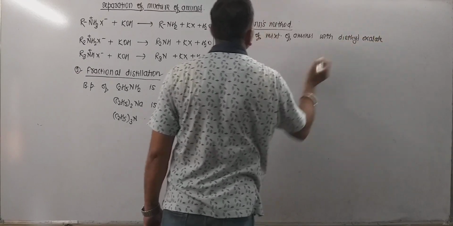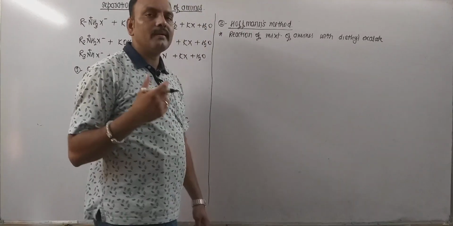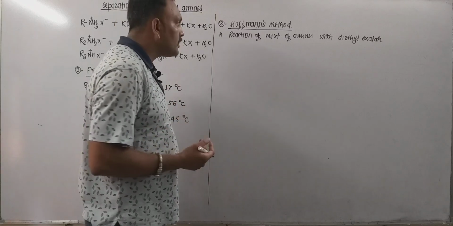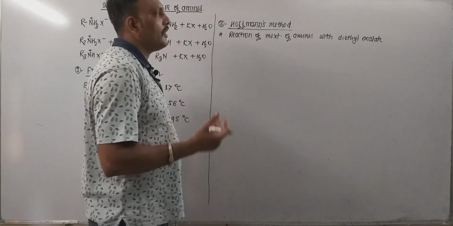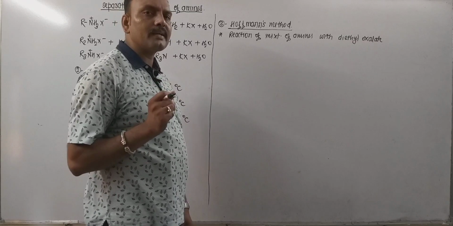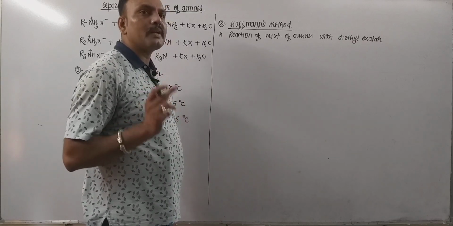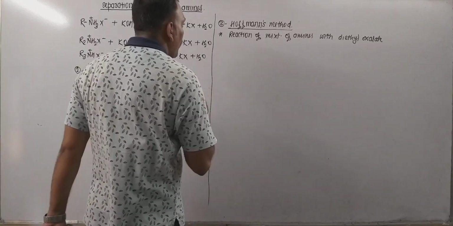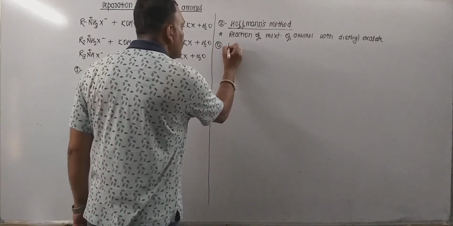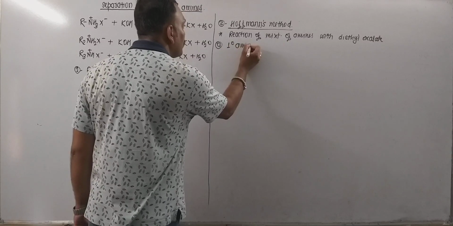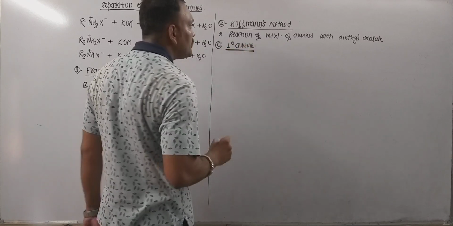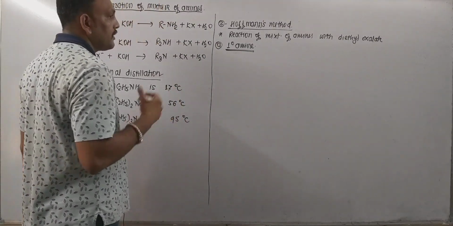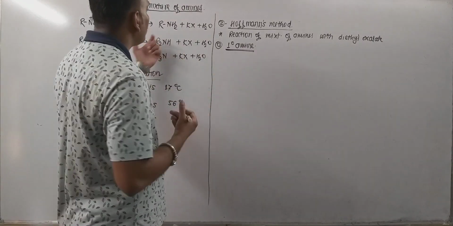Now, what happens when we do this? Remember, primary and secondary amines react with diethyl oxalate, but tertiary amines fail to react with diethyl oxalate. Now, what will be the response of primary amine? I mean, what do primary amines do when we treat them with diethyl oxalate? Remember, we are treating the mixture with diethyl oxalate.